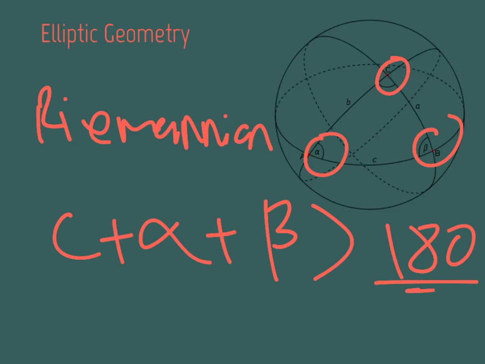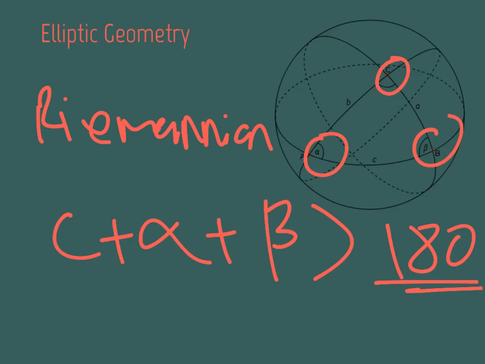And this is a result of lines being great circles and not being able to have any parallel lines. They intersect everywhere all the time, and even when they're vertical, they always intersect at the poles.